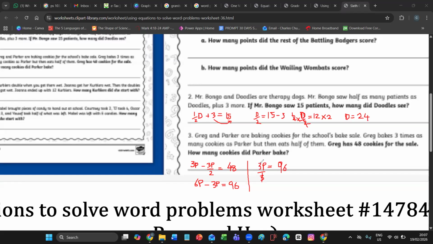Okay, so when we divide 96 by 3, what do we get? 32. So Parker baked 32 cakes.